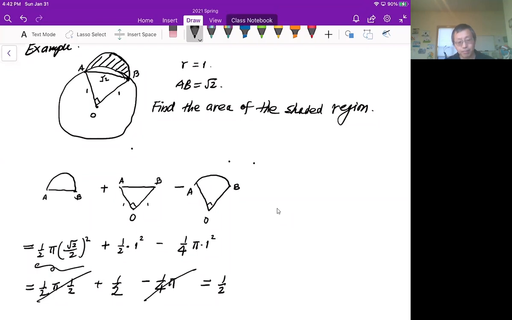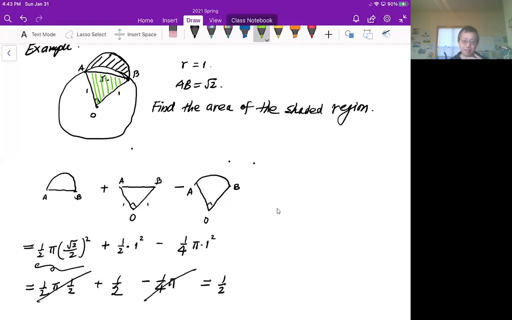The amazing thing is that the area of the shaded region, the black shaded region, is actually the same as, let me use a different color, the green shaded region. The green shaded region and the black shaded region are the same. That's amazing.